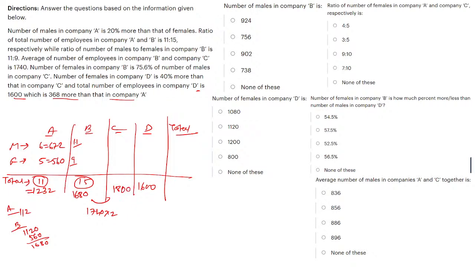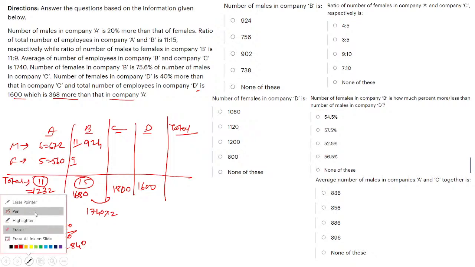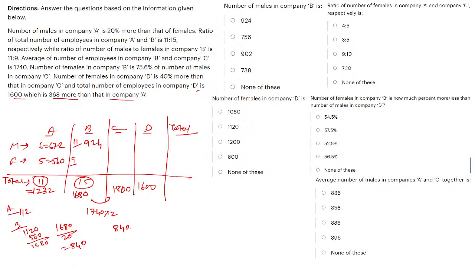Now in B part, the ratio is already given, 11:9, the male female ratio. So this is 20. 20 means 1680 divided by 20, which is 84, right? So this would be 924, and this would be 840 minus 84, that means 756.